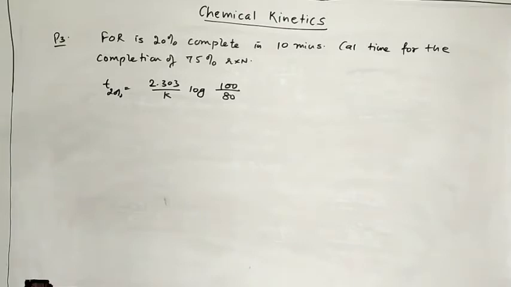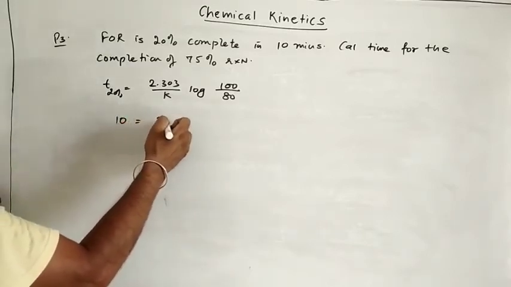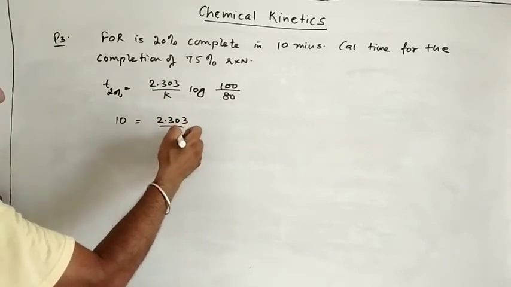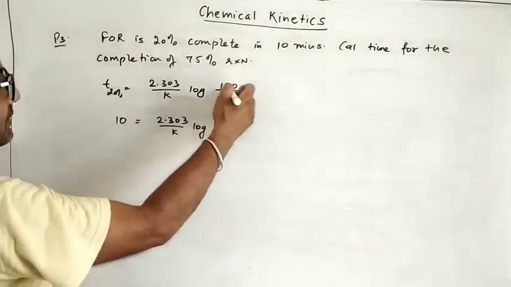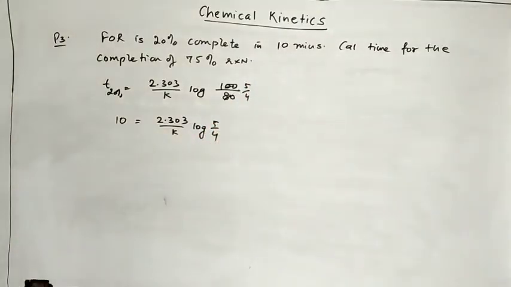From here we can calculate K. The time is 10 minutes, so 10 equals 2.303 by K log 5 by 4, which is log 1.25.